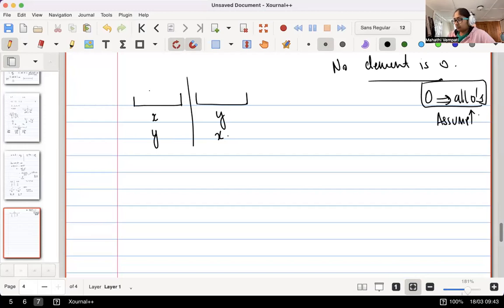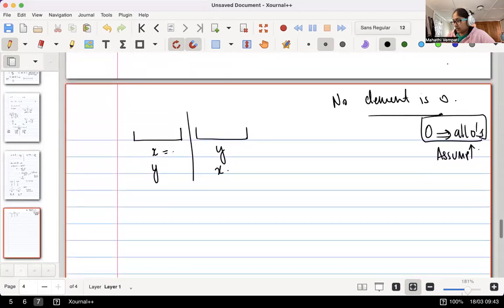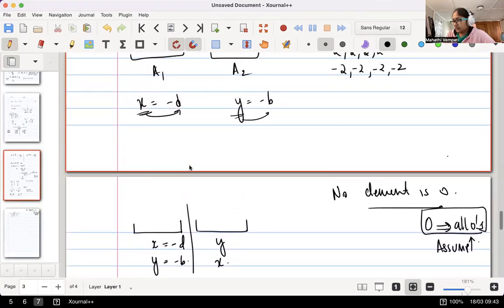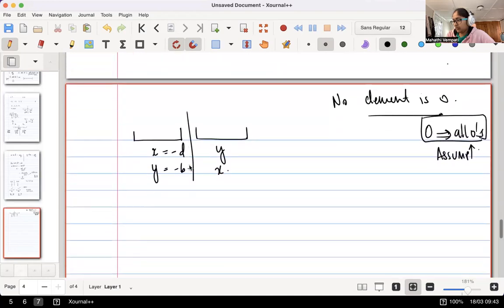Then this means x equals minus d, where d is any element from here, and y equals minus b, where b is any element from here.